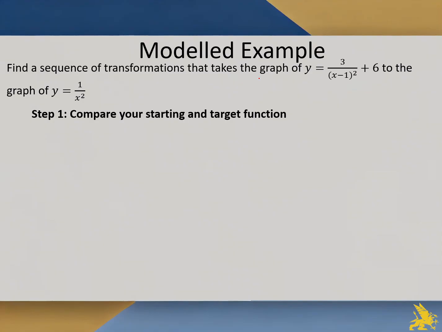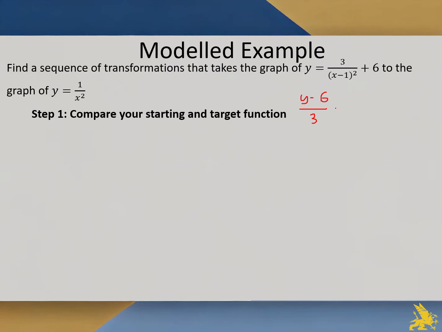To do that, all I'm going to do is get everything that is affecting my y onto the other side. So I'm just going to take away 6. That will give me y take away 6, and this part here is all timesing by 3. The opposite of timesing is dividing by 3.